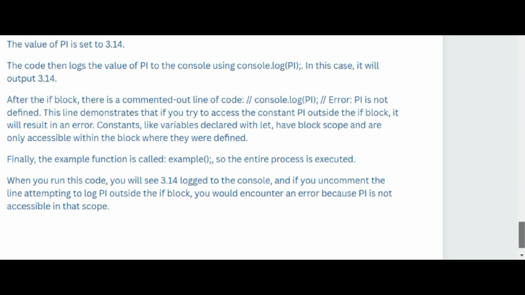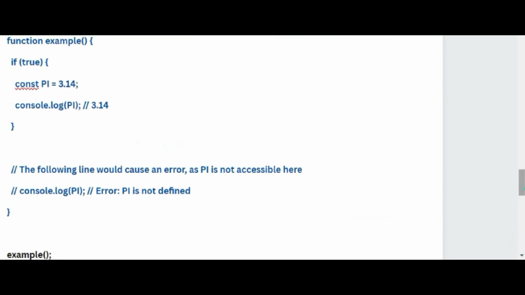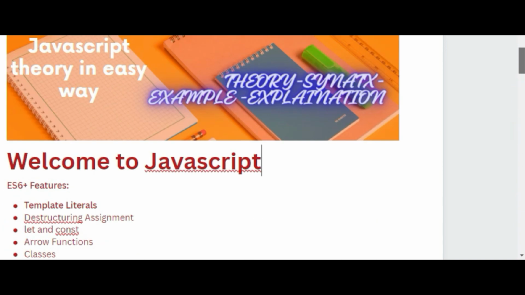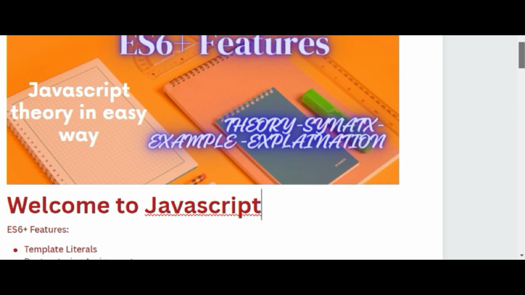Finally, the example function is called, so the entire process is executed. When you run this code, you will see 3.14 logged to the console, and if you uncomment the line attempting to log pi outside the if block, you would encounter an error because pi is not accessible in that scope. So this is all about const and let, guys, in the ES6 features.